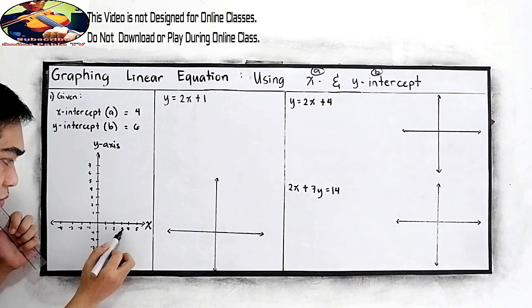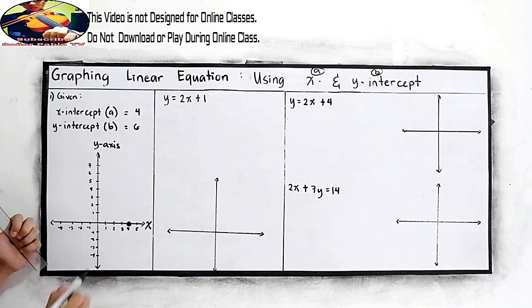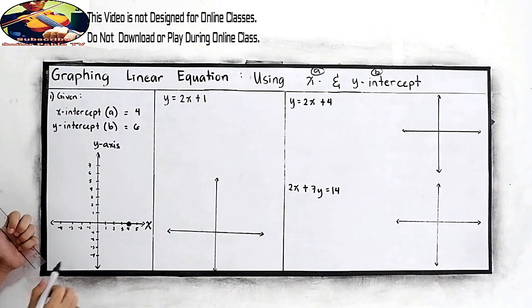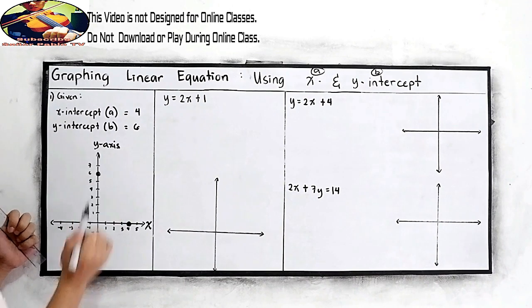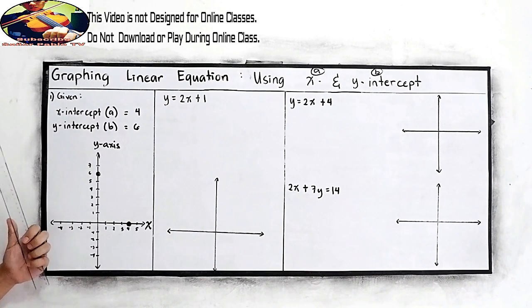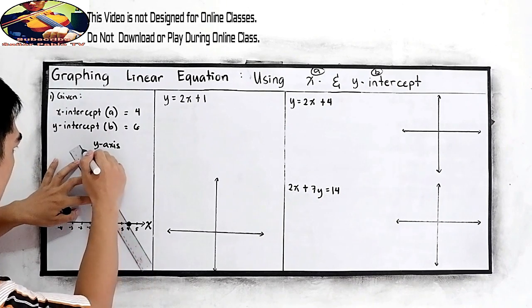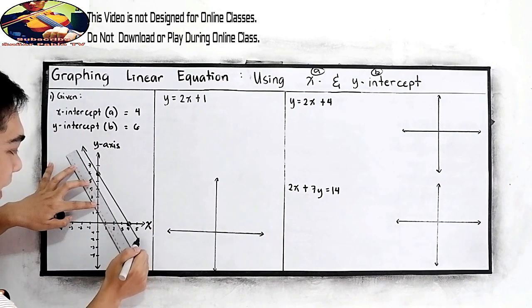This is 1, 2, 3, 4. It's here. And for the y-intercept, locate 6. So 1, 2, 3, 4, 5, 6. Okay. Now connect the 2 points. This will be our line.